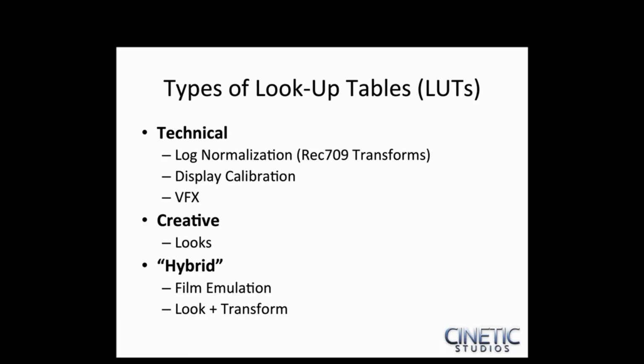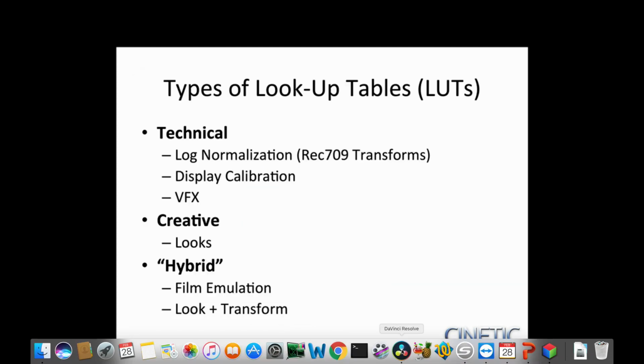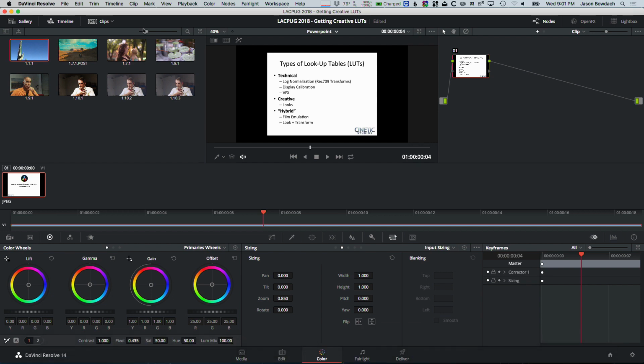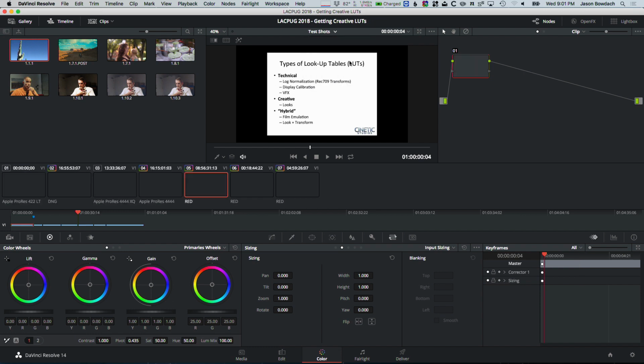Now, what you guys are probably more interested in is these creative or look LUTs. Now, they take your either ungraded or sort of base grade from either Premiere or Final Cut 10 or Resolve, and they allow us to apply a look to it. Now, I'm going to go ahead and jump into Resolve, and I happen to already be in it because PowerPoint didn't want to cooperate this evening. What else is new?